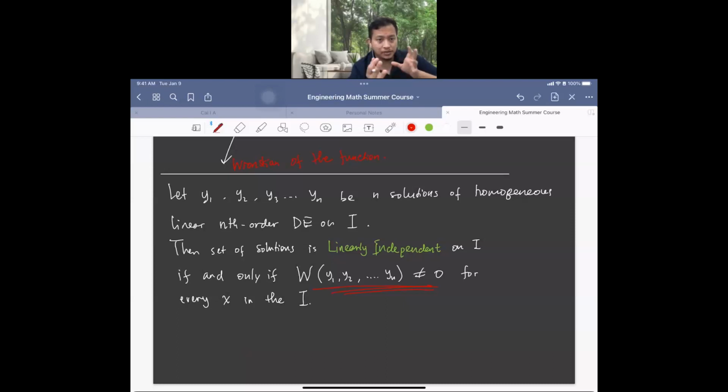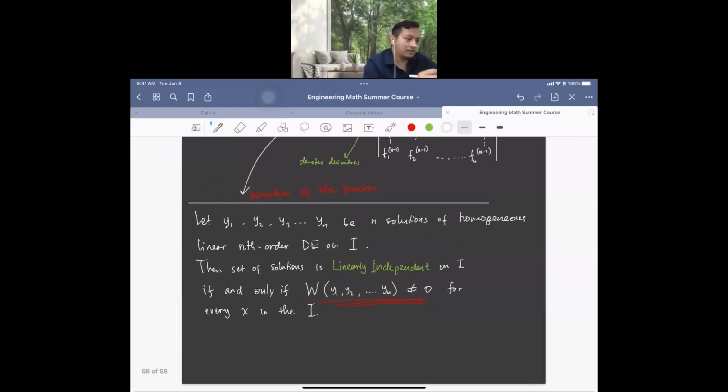So first, we tell homogeneous from non-homogeneous, right? And then we have the linear dependency, whether it's dependent or independent, and we are more interested in linear independence, okay? And to find out whether it has a set of solutions is through the Wronskian function or Wronskian solution.